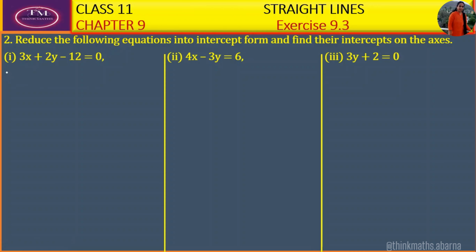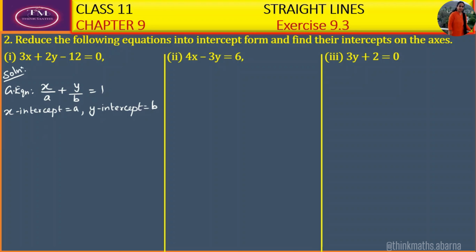If x-intercept and y-intercept are given, what is the general equation? The general equation is x by a plus y by b equal to 1. Here the x-intercept is a and the y-intercept is b. So this is the general equation.